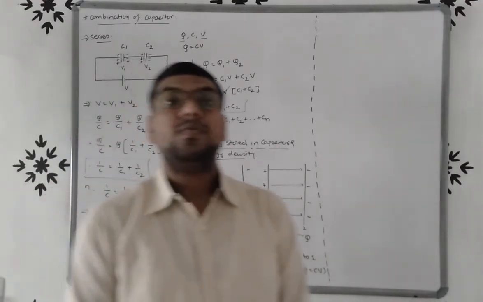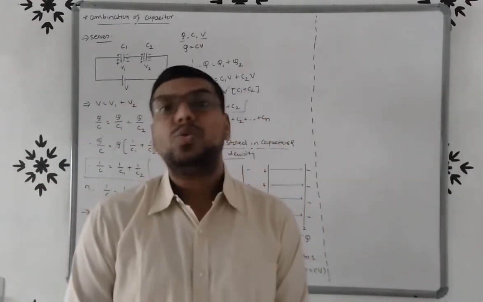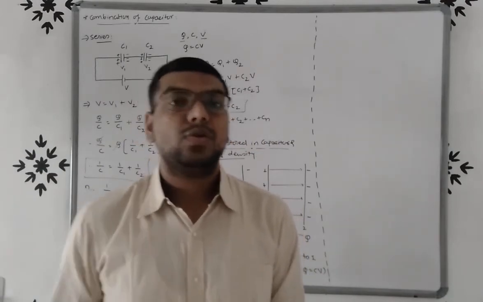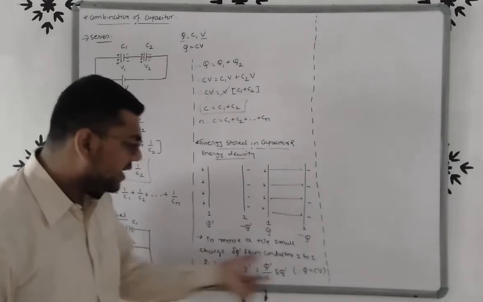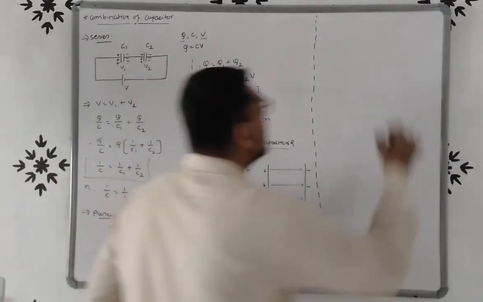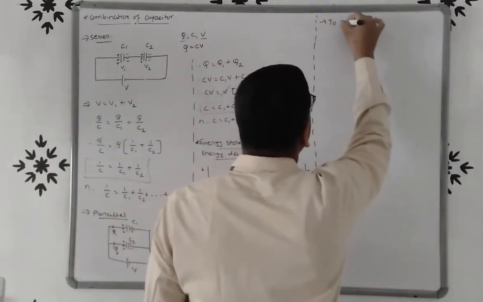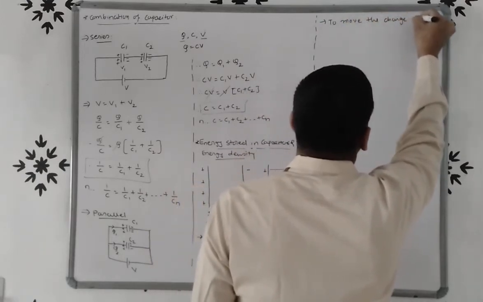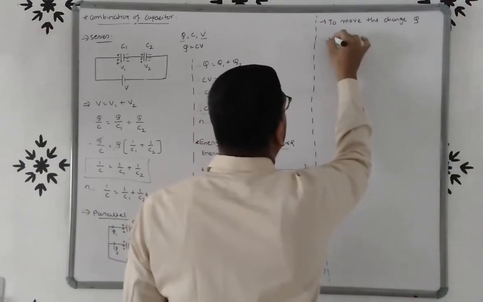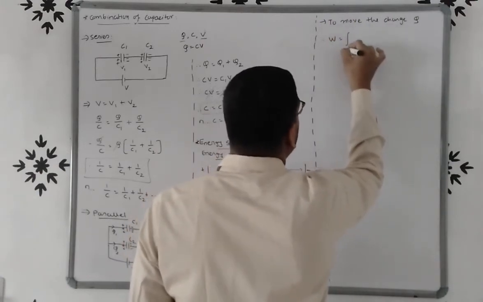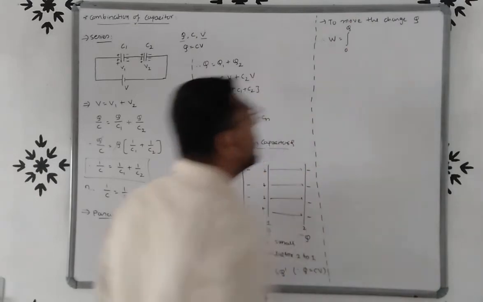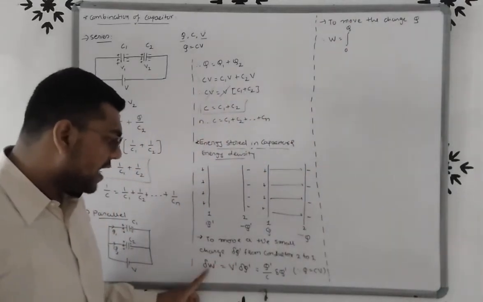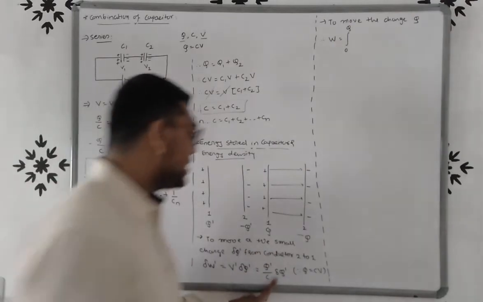Now if we want to move a charge Q, then total work done. If we want to find out total work done, then we have to integrate this equation. So to move the charge capital Q, work done W is equal to integration 0 to Q. For small charge del Q dash, work done is del W dash, Q dash by C del Q dash.